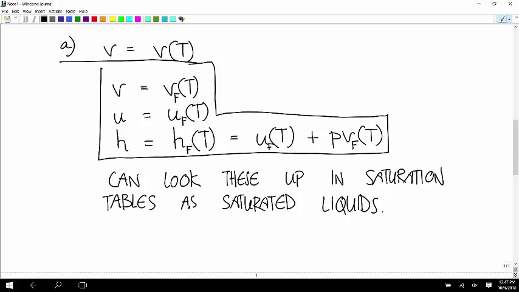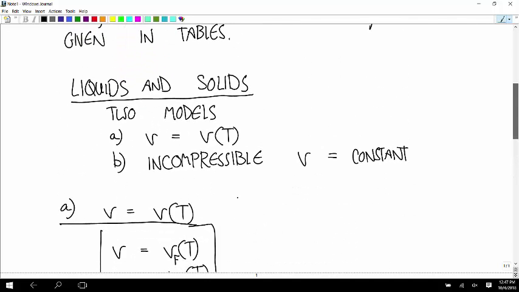Well, we're not using solids. We don't have tables for the saturation point, like the freezing melting point. There are tables like that, and you would use those if you're approximating solids. But for us, we're mostly focusing on liquids.